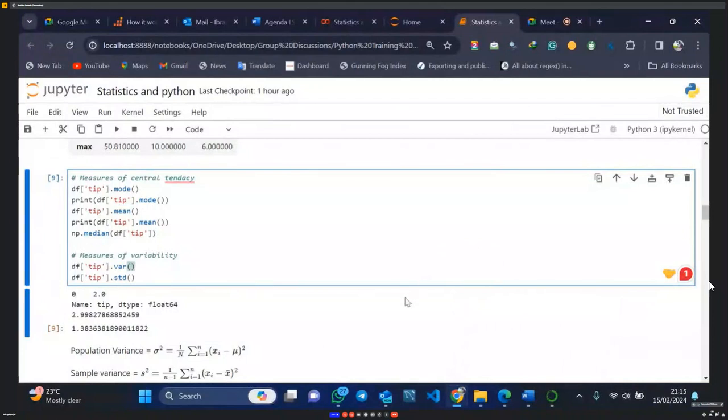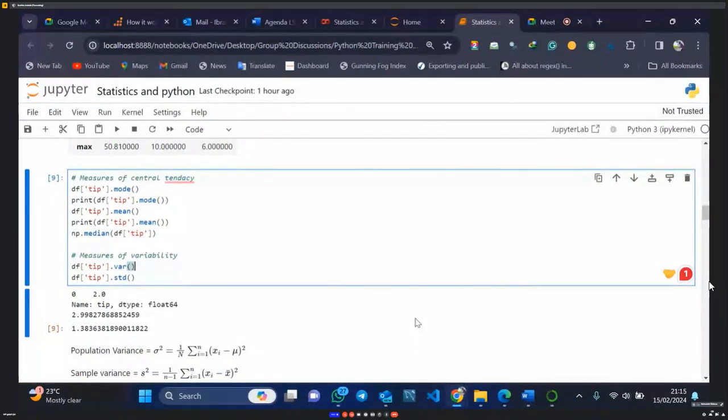Okay, can I just help a bit? Yes. Mathematically, standard deviation and variance have this relationship. For instance, if you have your standard deviation as 4 and you want to get the variance, you just say 4 times 4.